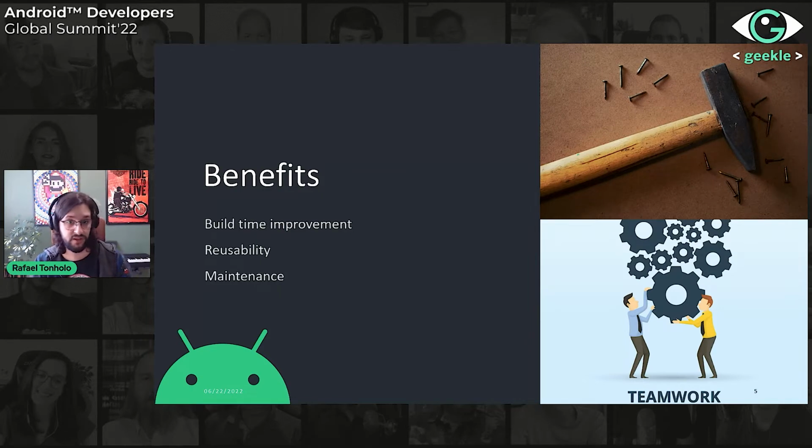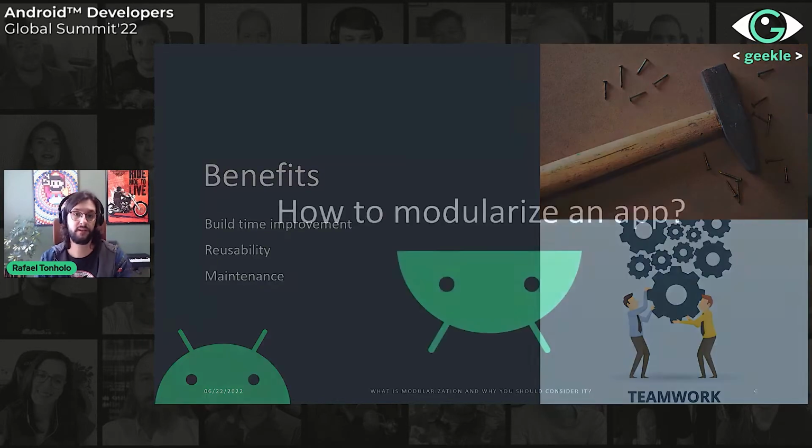So then PRs get bigger, conflicts are more complicated, and it's hard to maintain the repository. With modularization, you can bring ownership to the team which owns the feature that it's working on. So it is a very huge benefit.